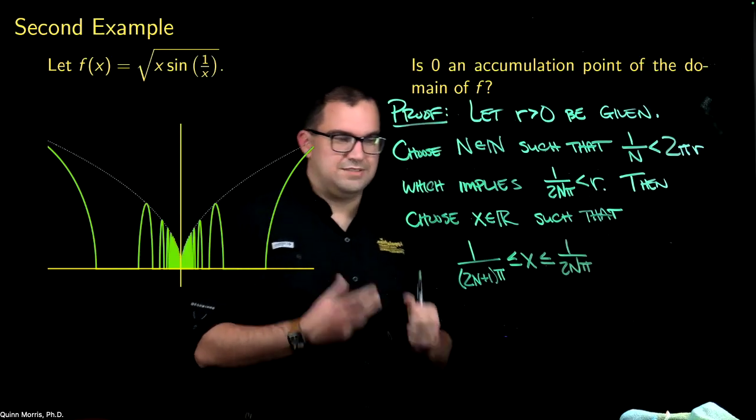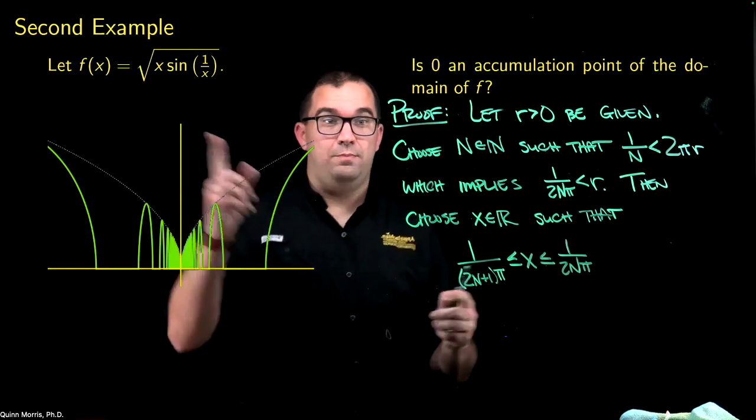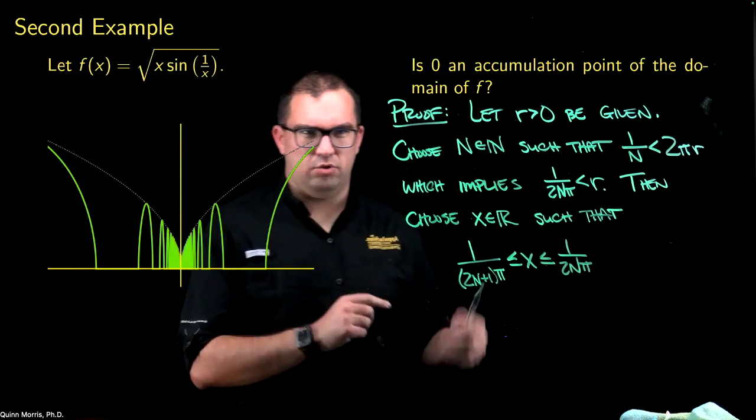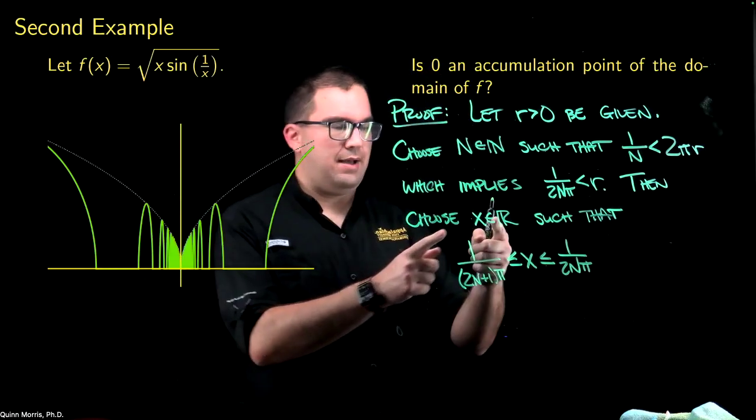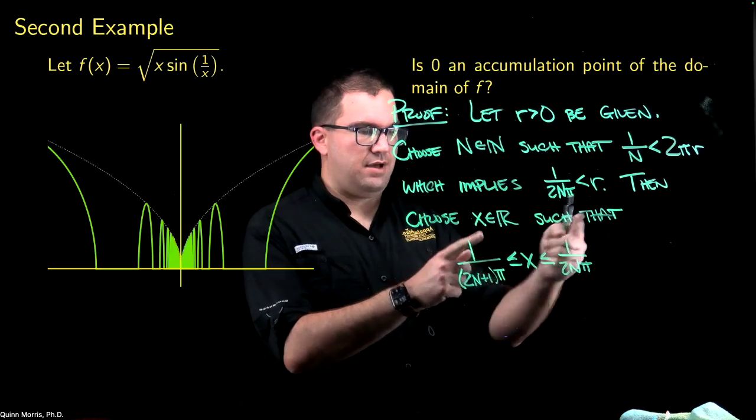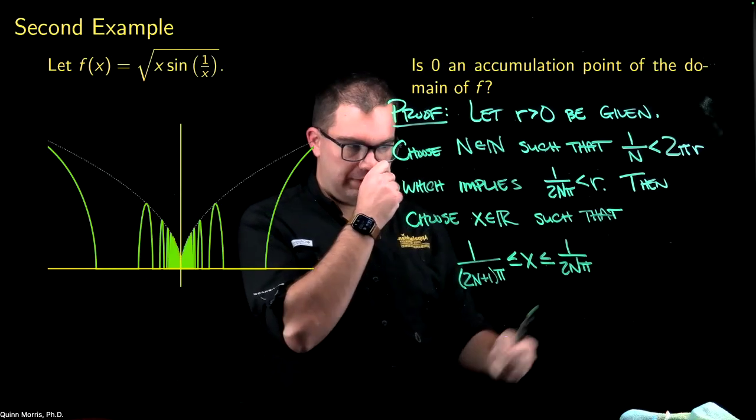So notice what I'm doing. I'm setting up that I'm choosing an x that will be in my domain, but I still need to do a little work to show that. So I'm going to choose my real value x so that it's in between these two.